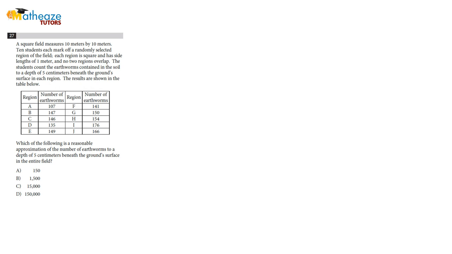So we have 10 regions here. The field measures 10 by 10, so we have an area of 100 square meters. Each region measures 1 by 1, so that is going to give us 1 square meter per region. So this already lets us know there are about 100 regions. Now we're given the number of earthworms for 10 of these regions.